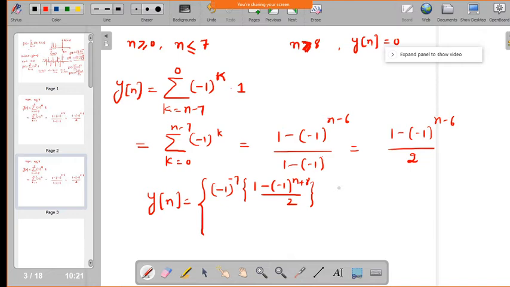This is whenever n is greater than minus 7 and less than 0, and between 0 to 7, you will get 1 minus of minus 1 power n minus 6 divided by 2, that is greater than 0 and less than or equal to 7, and 0 otherwise.